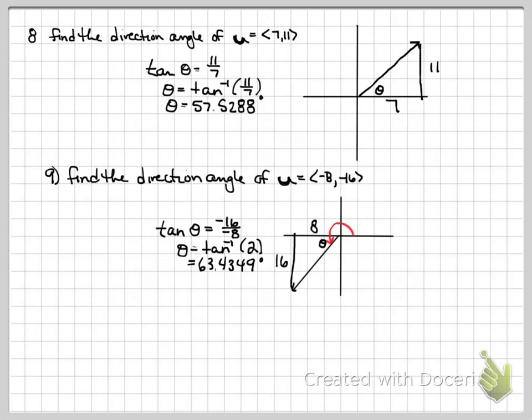It's bigger than that. Remembering our restrictions for tangent, our calculator is only going to give us angles in the first quadrant or fourth quadrant, because that's the restriction for arctan. We can adjust it to where the actual angle is, in this case by adding 180 degrees, so I move it from the first quadrant down to the third quadrant.